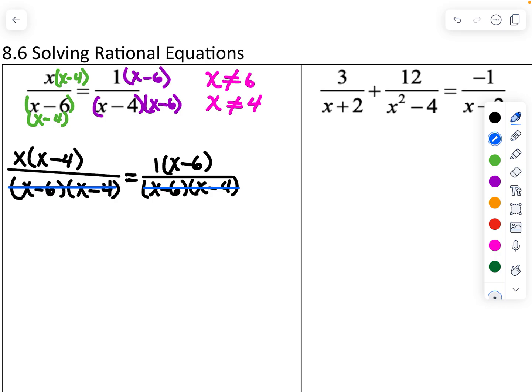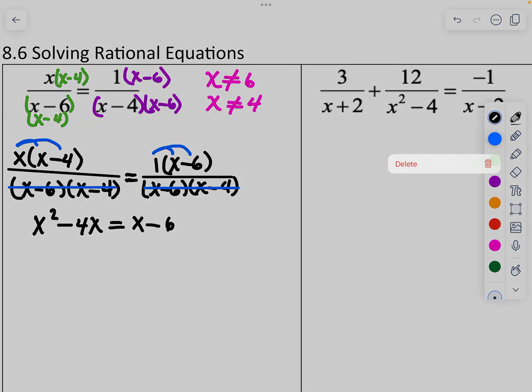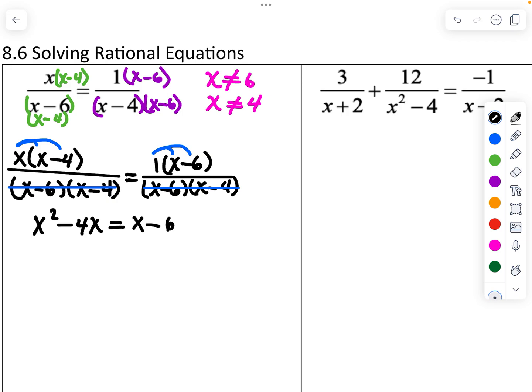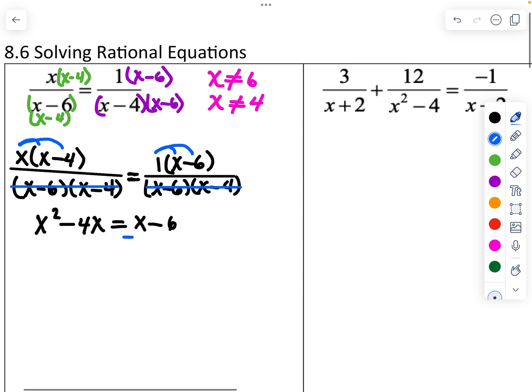So now what you have is the problem of x squared minus 4x is equal to x minus 6. But now what you have to do is solve that problem. It's a quadratic because it has a square in it. So we're going to subtract x and add 6 to both sides.